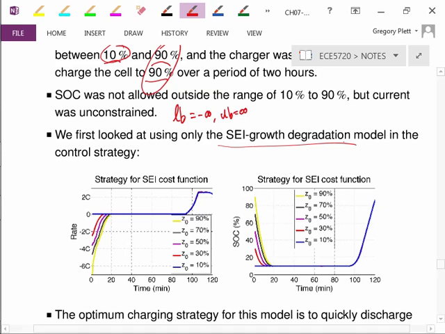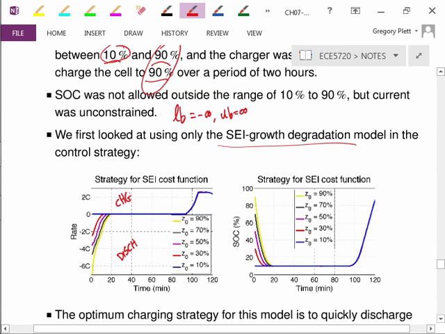So the yellowish line is when we started at 90% SOC to begin with, and then all the way down to the blue line at the bottom, which is when we started at 10% SOC to begin with. Plotting current versus time is interesting. It's saying, and I see my sign convention here is different from what we often do, but this here is discharge, and this is charge current.